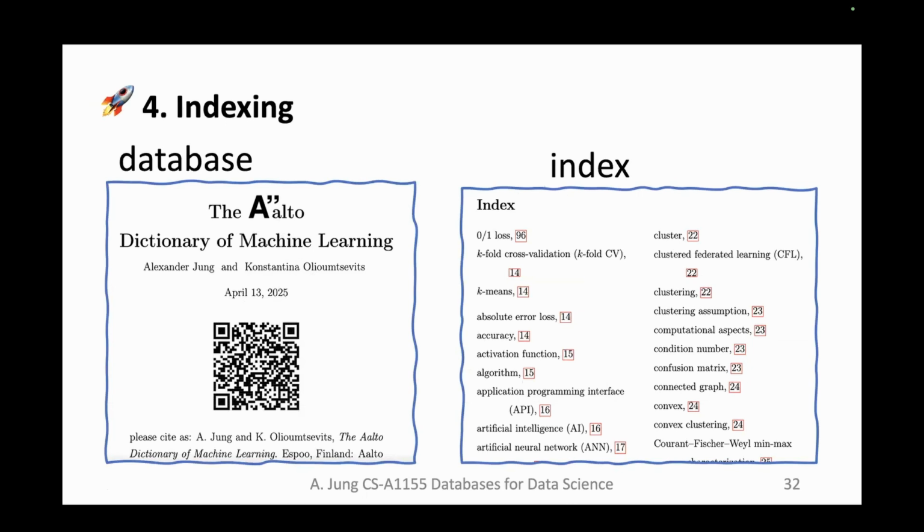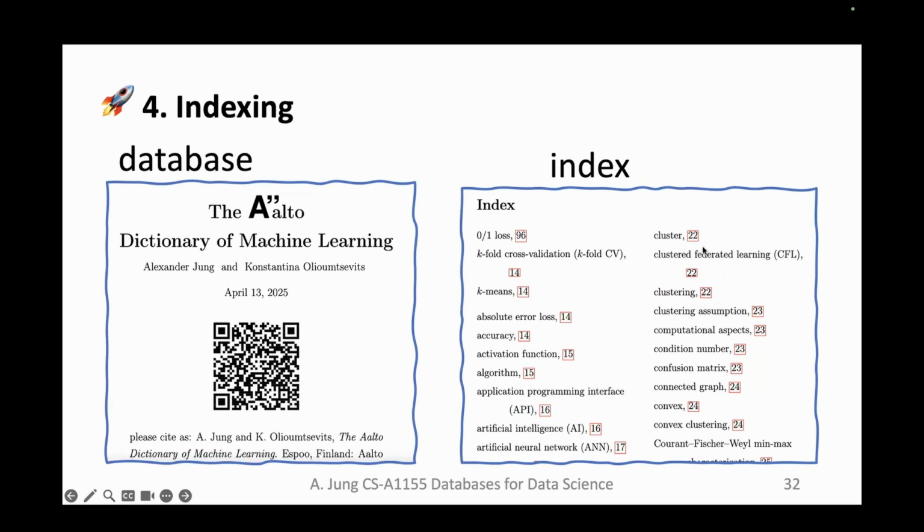To search a certain term, let's say the term data, you could browse through this dictionary one page after the other until you find it, or you use the index. So you look up in the index for data, well, it's not here, but let's say you want to know cluster. Okay, here is the index term cluster. It's at page 22.